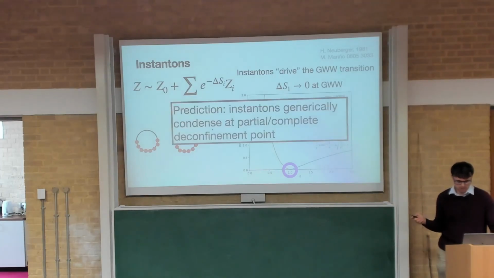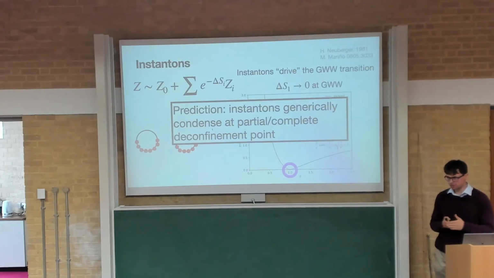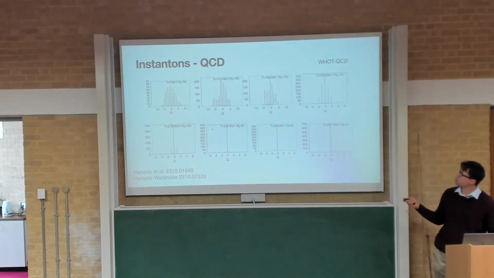So that made me suggest that instantons in general could condense at the transition between the partially and the completely deconfined phases, and it might offer a new signature for the partially deconfined phase and the transition. So I suggested this to Hanada and Watanabe, and they tested this on a model which is very close to real-world QCD.